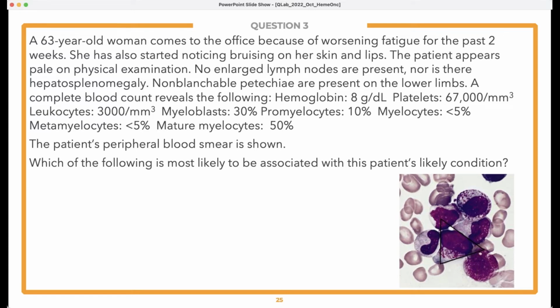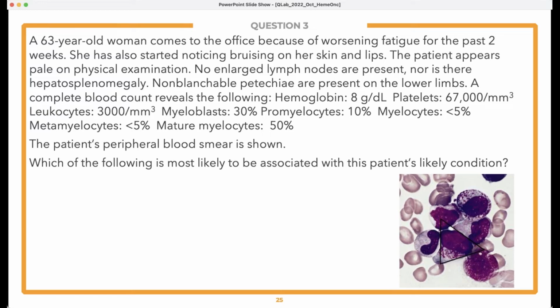Which of the following is most likely to be associated with this patient's likely condition? Okay, a couple of likelies there jammed in the question, so I'm going to have to do a little clinical reasoning here. So let us read the vignette.